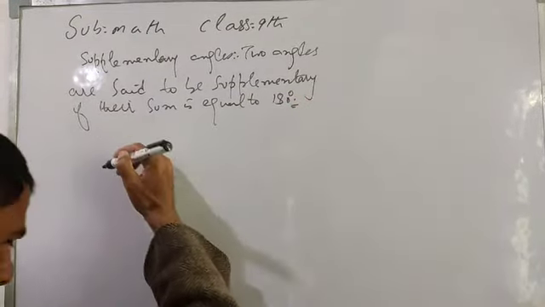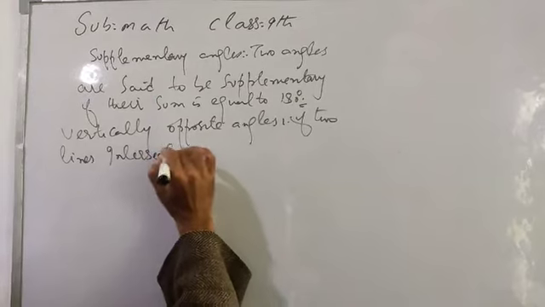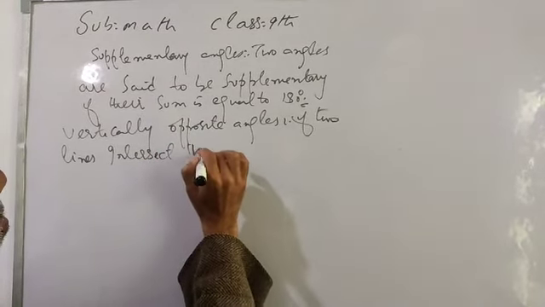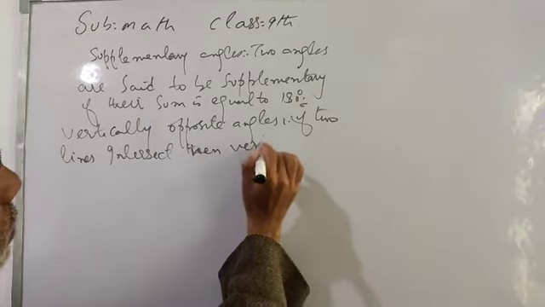After this we will state adjacent angles. First of all we will state vertically opposite angles. If two lines intersect, then vertically opposite angles are formed.